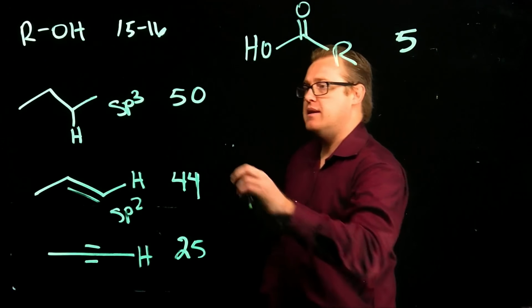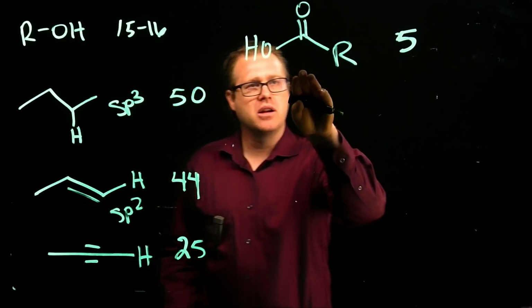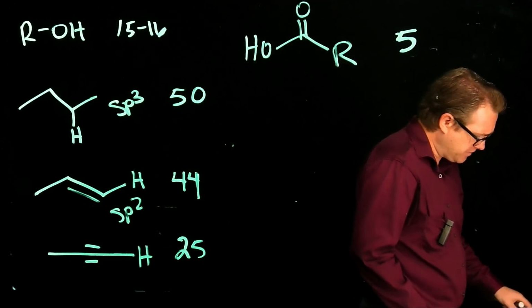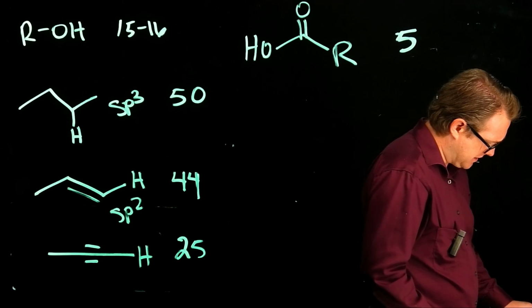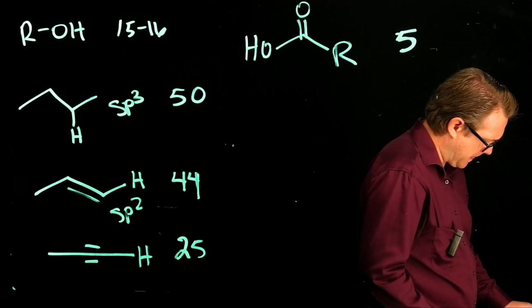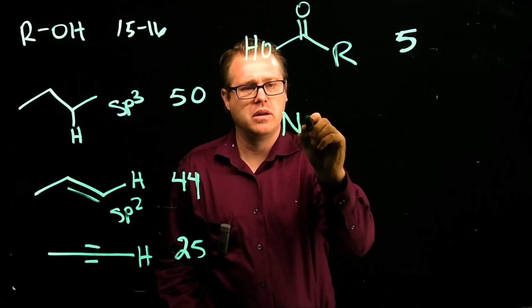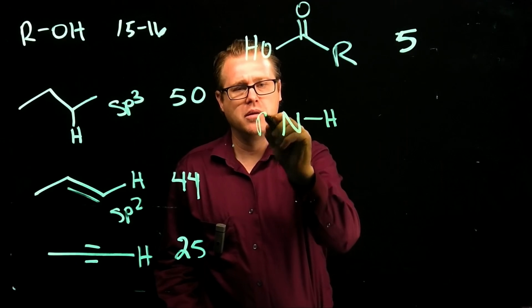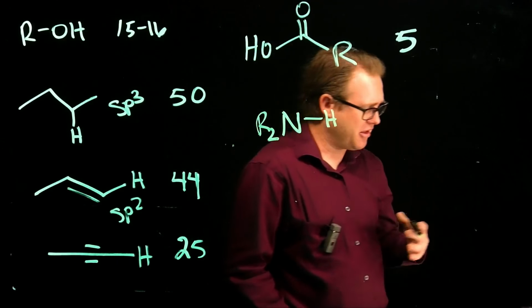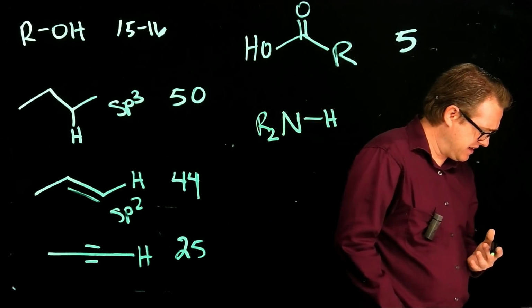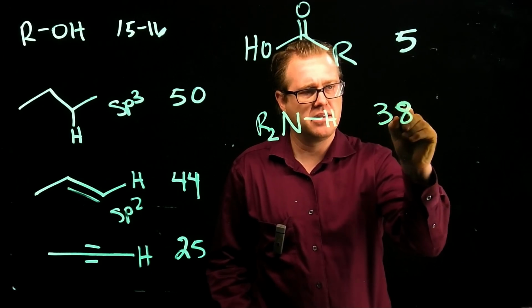Alcohols, alkanes, alkenes, alkynes, carboxylic acids. Let's see, amines. Okay. Amines, they have pKa's in like the 30s, and our textbook here is saying around 38. Okay.